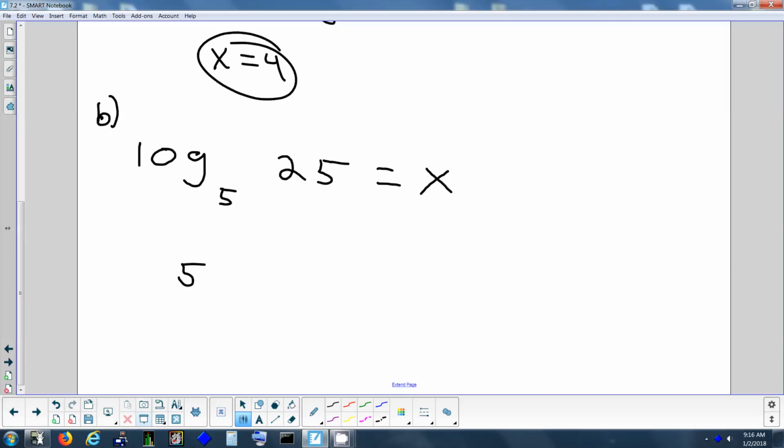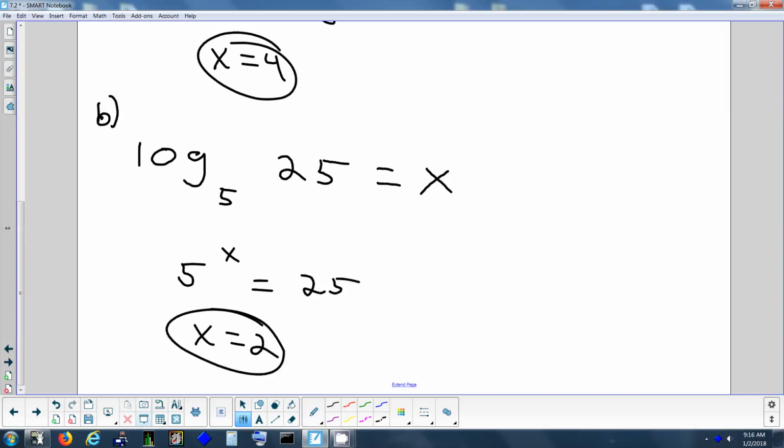X. Yeah, whatever the logarithm equals, that's your exponent. And the only thing I haven't used yet is the 25. So now at this point we just have to be able to look at that and figure out what x is. 5 to what power gives me 25? Yeah, second power.